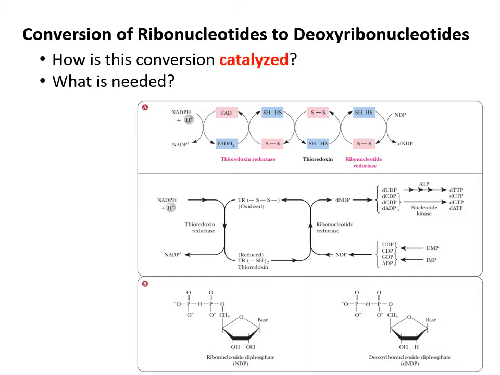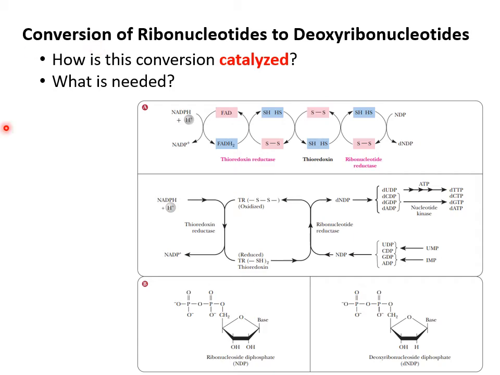So the conversion of ribonucleotides to deoxyribonucleotides is very important. And ultimately, when you have this conversion, I'm going to have a recap on the next slide. Like I said, there's a lot more recaps in this lecture for you to help you as you prepare for the exam so quickly.